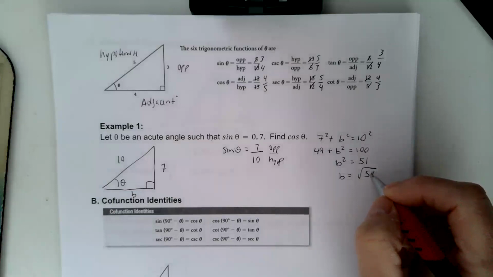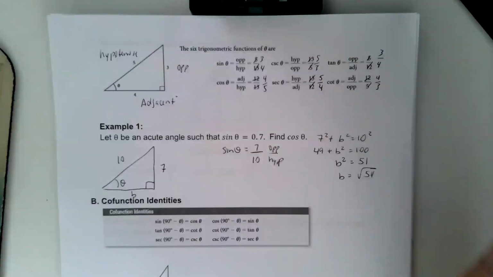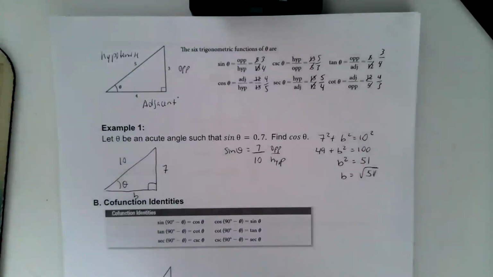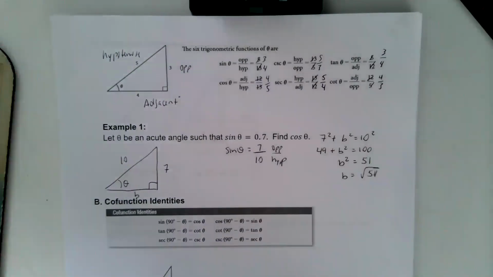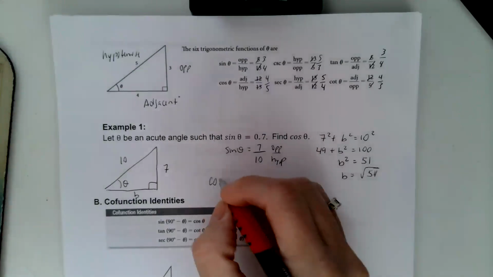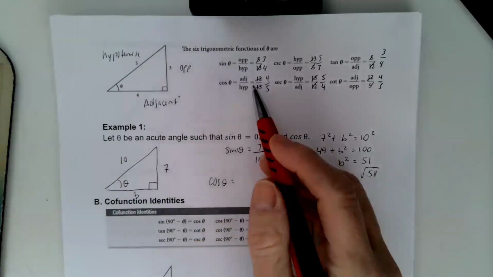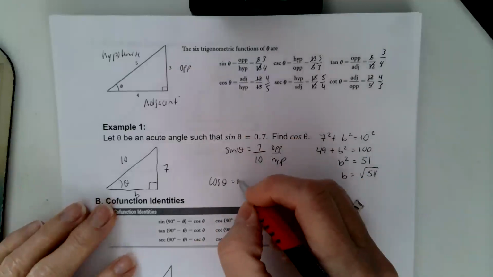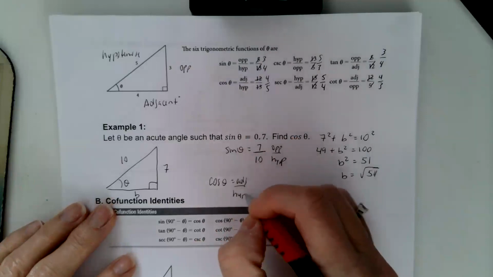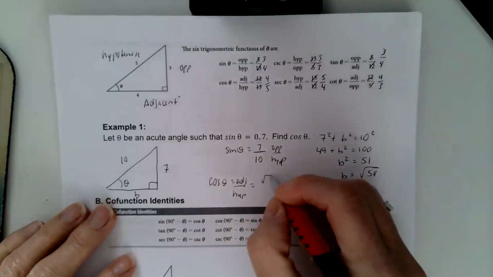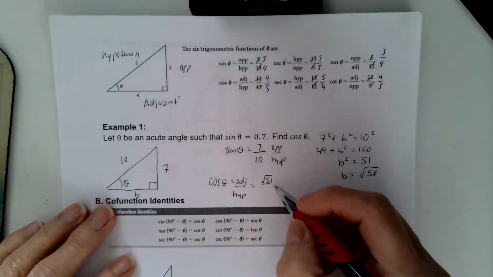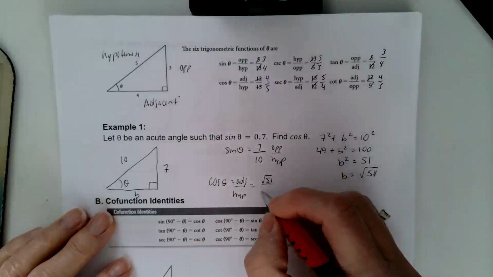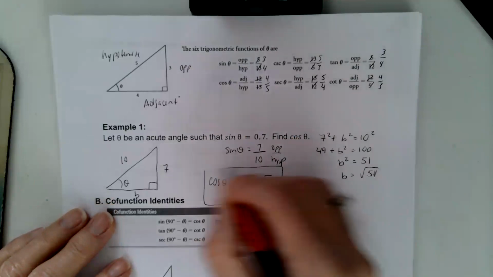It's an irrational number, so we'll just have to use that. So cosine of theta is the adjacent over the hypotenuse, and the adjacent is the square root of 51. We can have a radical in the numerator, so that's okay. And the hypotenuse is 10. So that is my final answer.